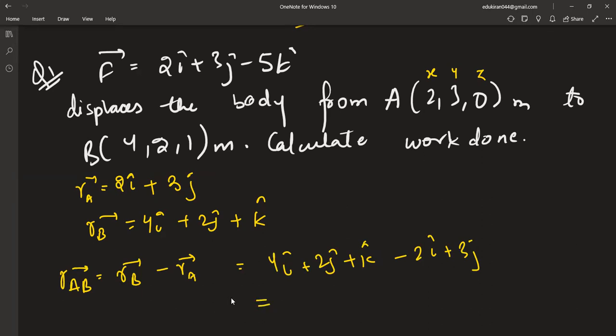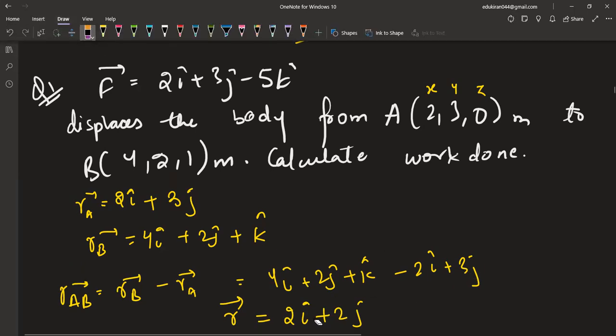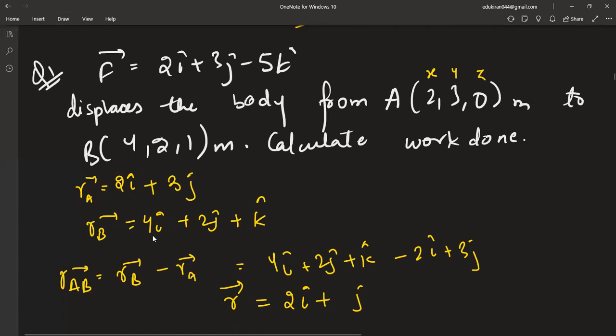So what is the displacement coming? 4i cap minus 2i cap is 2i cap.